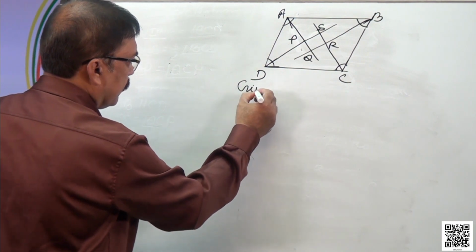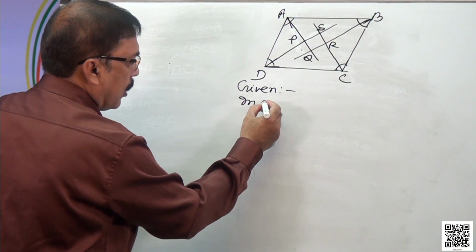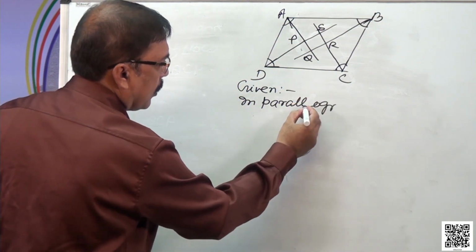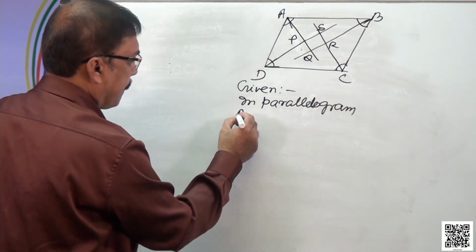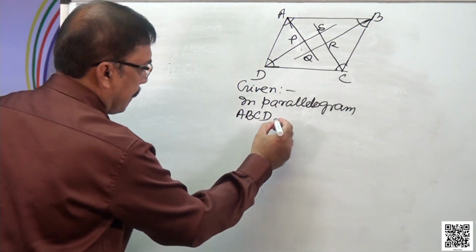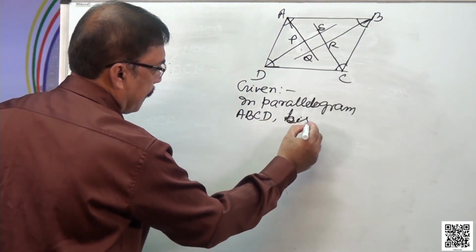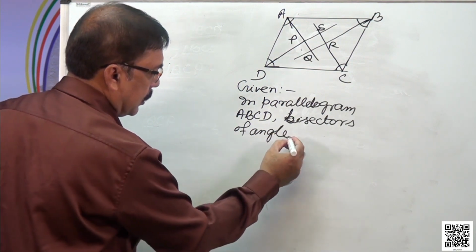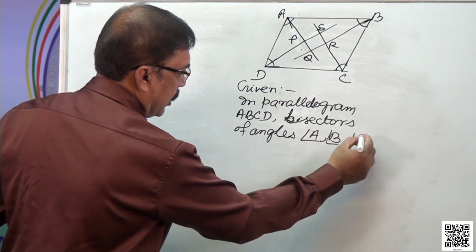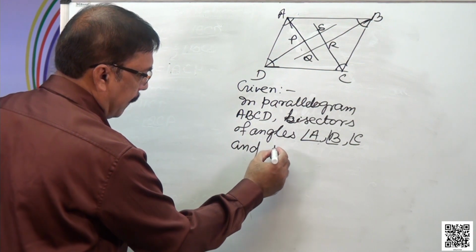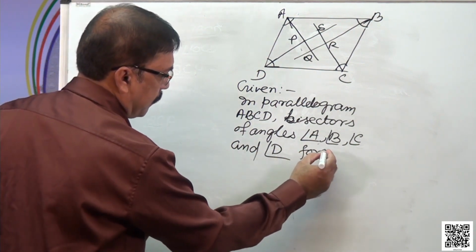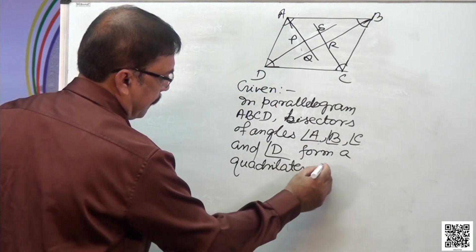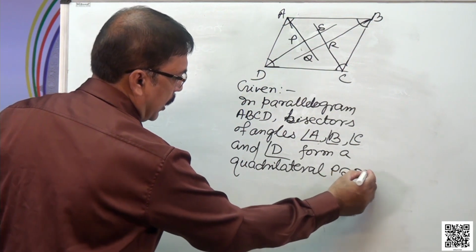Here, what is given? In parallelogram ABCD, the bisectors of angles A, B, C and D form a quadrilateral PQRS.